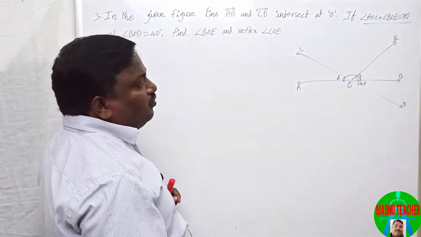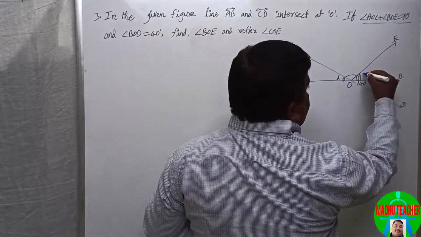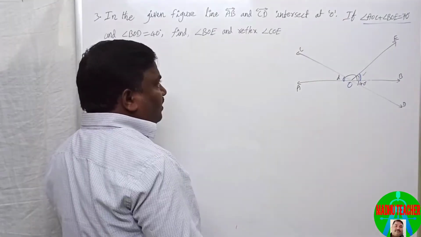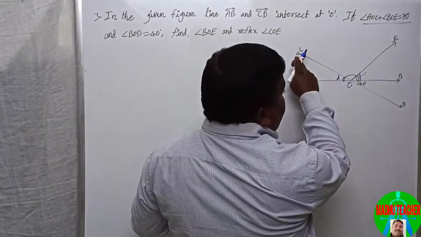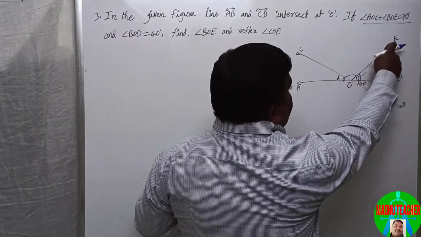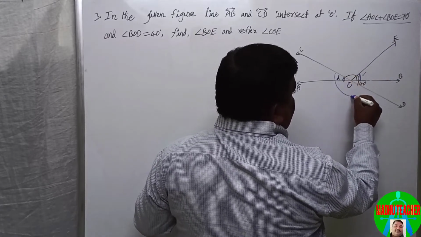Find angle BOE, this you have to find, and reflex angle COE. Reflex means this angle, this you have to find.